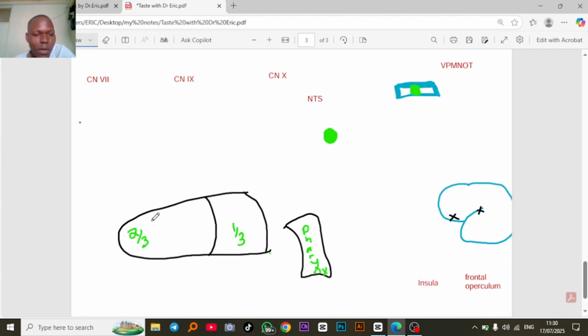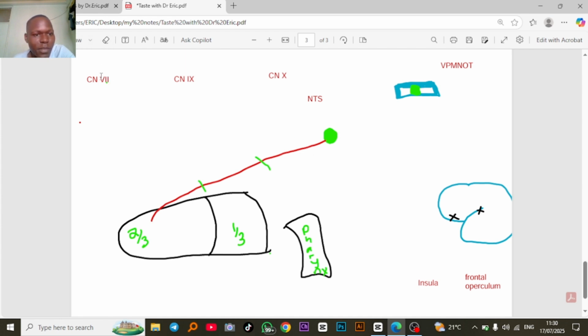So we have a total of three parts. The first part is what we call the lingual nerve. Then the second part is what we call the chorda tympani. Then the third part is the facial nerve itself, cranial nerve 7.